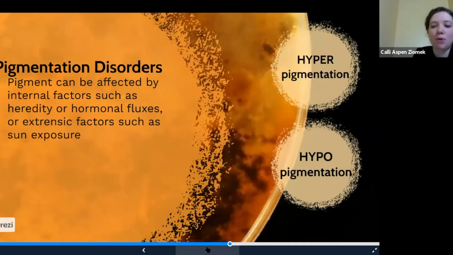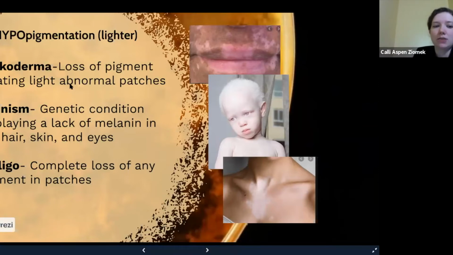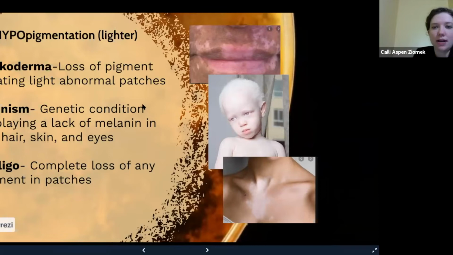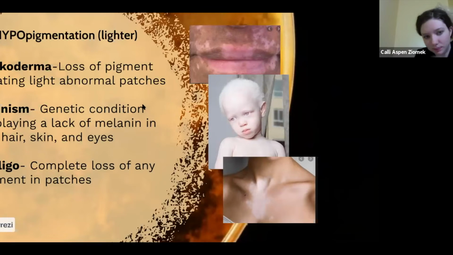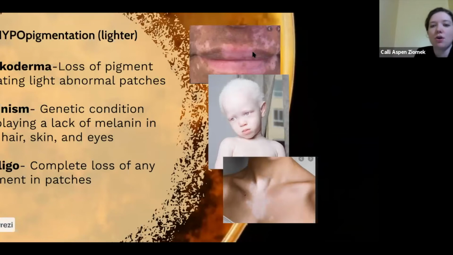Then you have hypopigmentation, which is the lack of pigmentation. So this is when your skin gets lighter for whatever reason. So you have leukoderma, which is a loss of pigment creating light or abnormal patches. So that is where you'll see it, this top one right here, where this client would normally have very dark skin in like a Fitzpatrick 4 area.